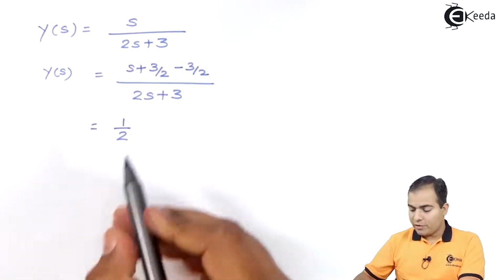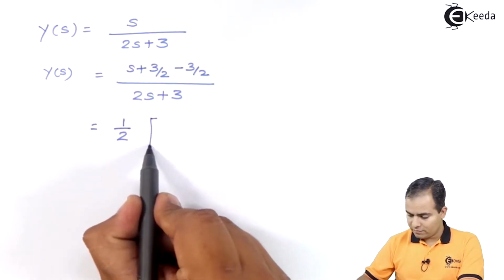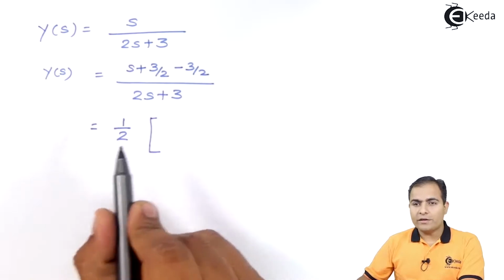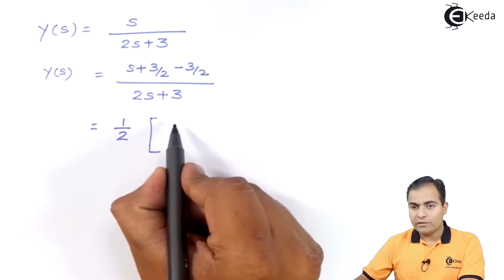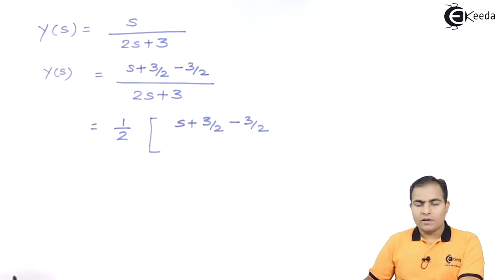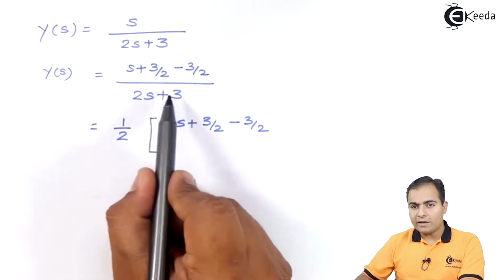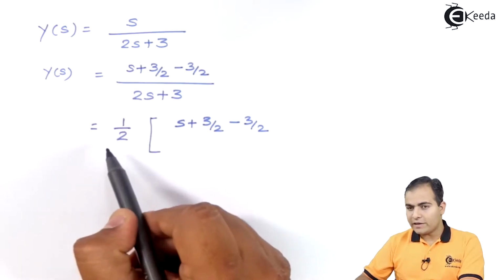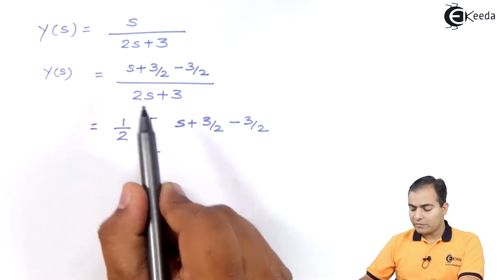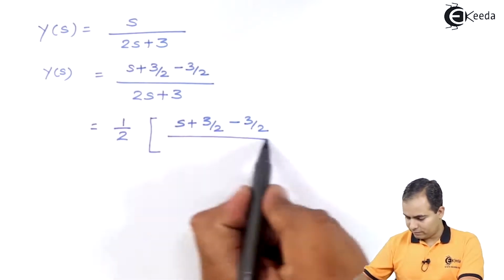Well, I am going to multiply numerator and denominator by half. In the numerator, half I have already taken outside. Now, the numerator part I have written as it is, but in the denominator, if I multiply by half, this 2 and this 2 will get cancelled, so we have only s, and this 3 is multiplied by half, so we have 3 by 2.